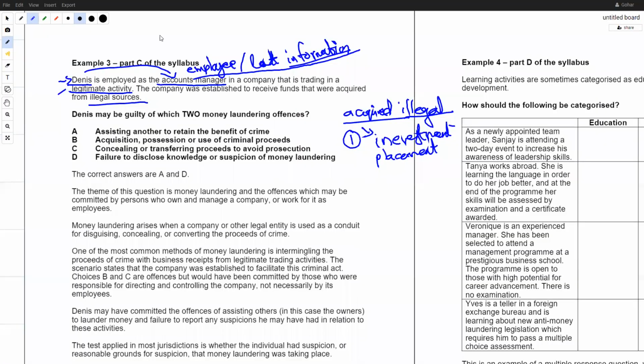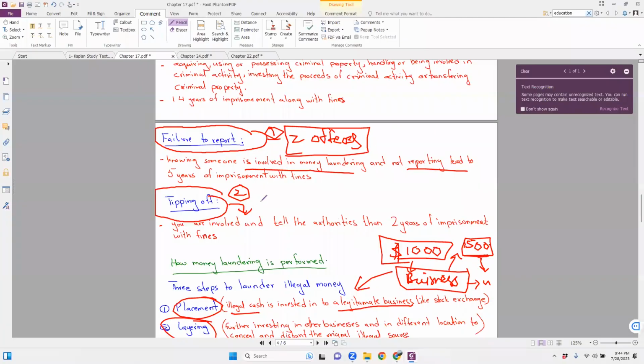If we come back to the question, it asks us to let us know which two of the following money laundering offenses Dennis may be guilty of. So option A states assisting another to retain the benefit of the crime, that Dennis is assisting someone else so that that person is not caught. If we go back towards the notes, we have already established the failure to report that you know that someone is involved in money laundering and you do not report it to the authorities.